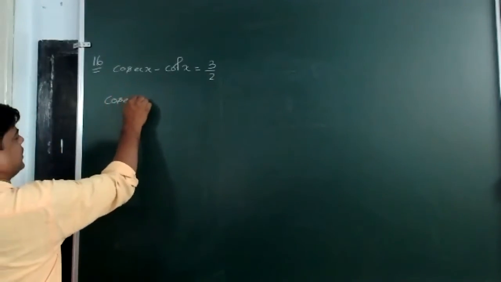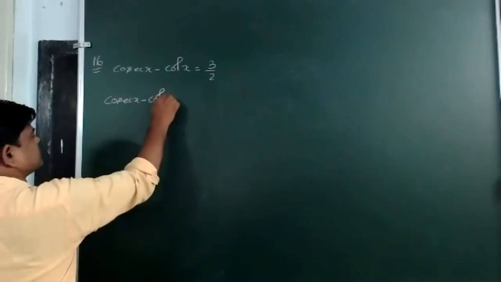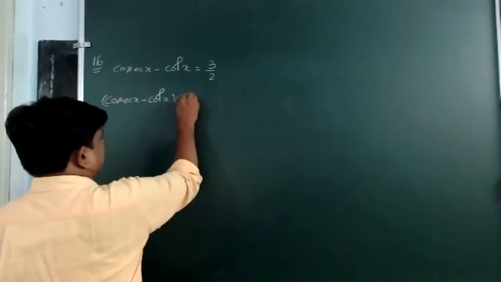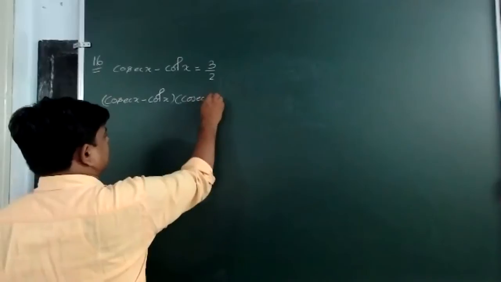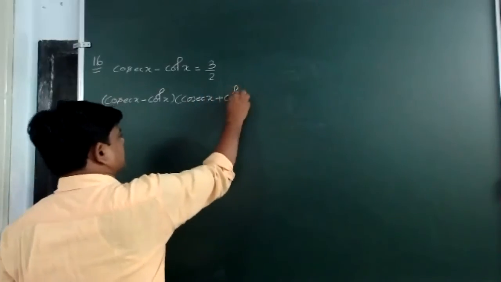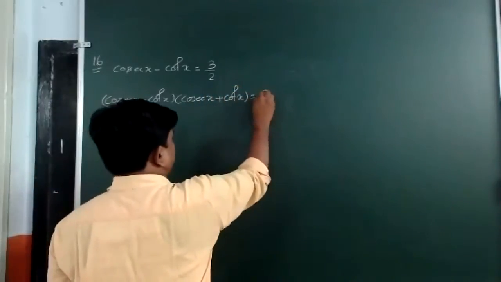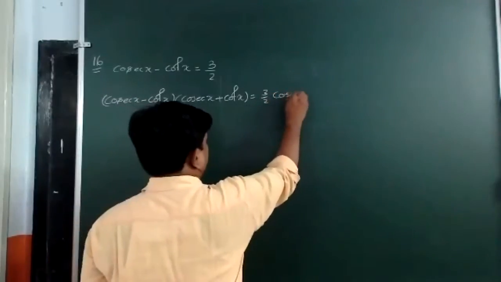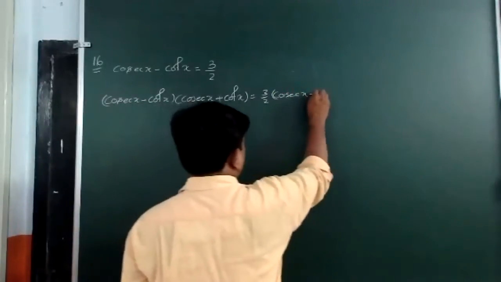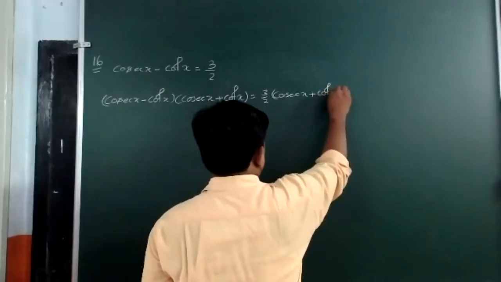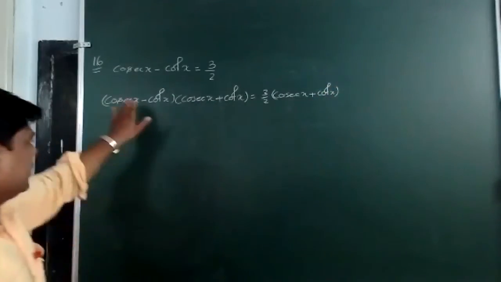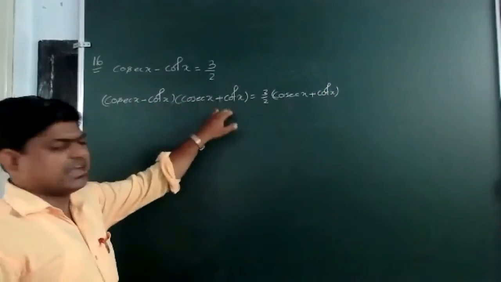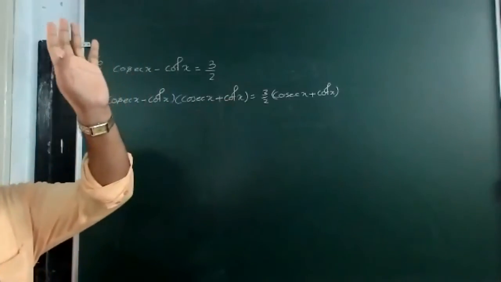I'm just writing online. You can see (cosec x minus cot x) into (cosec x plus cot x) is equal to 3 upon 2 (cosec x plus cot x). Now it is (a minus b) into (a plus b), that can be written as a square minus b square.